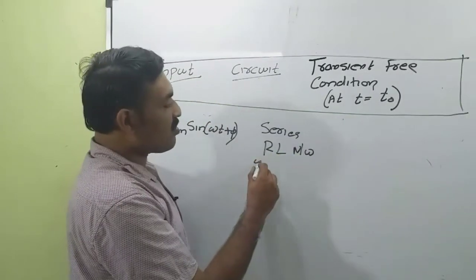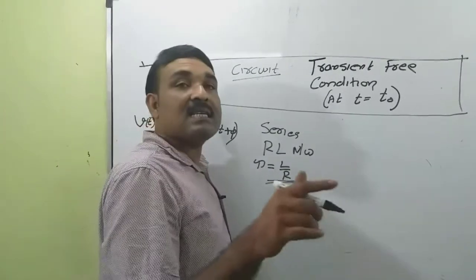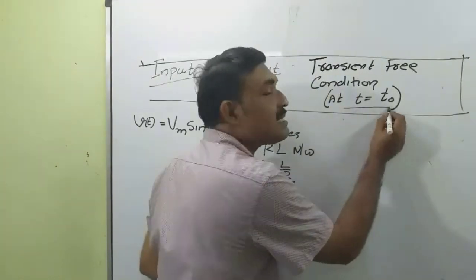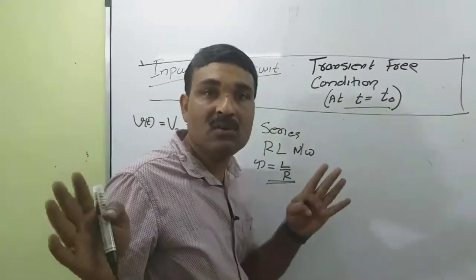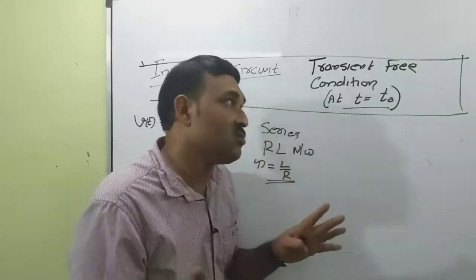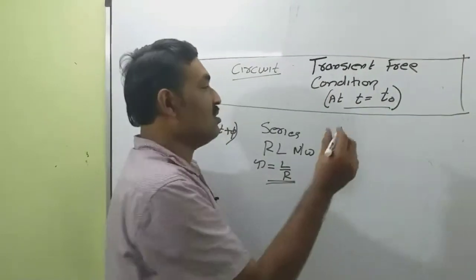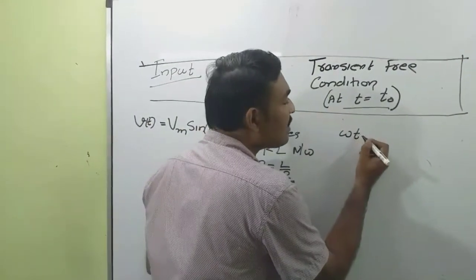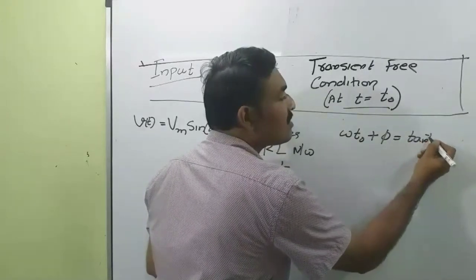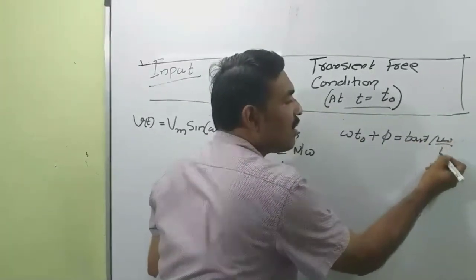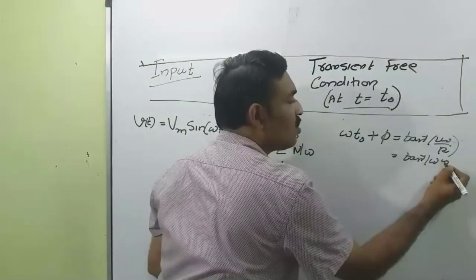For this network, time constant tau is equal to L by R seconds. So the transient free condition is written at time t is equal to t0. If t is equal to 0, we can put t0 is equal to 0, so we can derive the condition for t is equal to 0 also. Now I am writing the general form for the transient free condition at t is equal to t0. So the condition is omega t0 plus phi is equal to tan inverse L omega by R, which is equal to tan inverse omega tau.